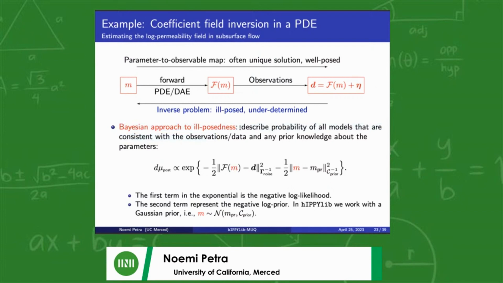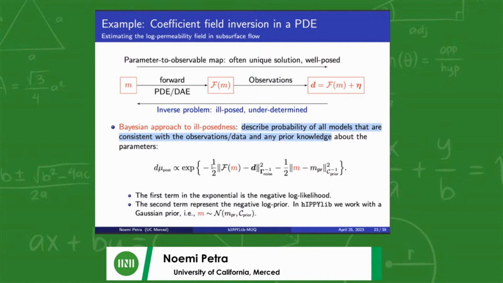this framework offers a way to describe the probability of all models that are consistent with the observations, and it allows us to incorporate any type of prior knowledge about the parameters without knowing anything about the data. As I mentioned before, we use Bayes' theorem, which can be written as such when the likelihood is of this form.